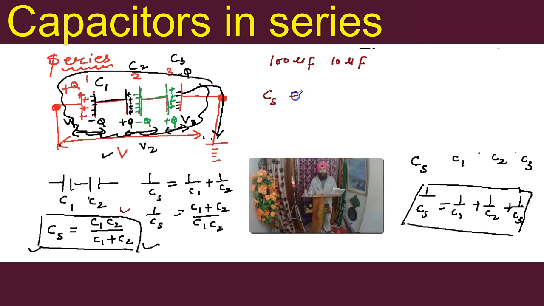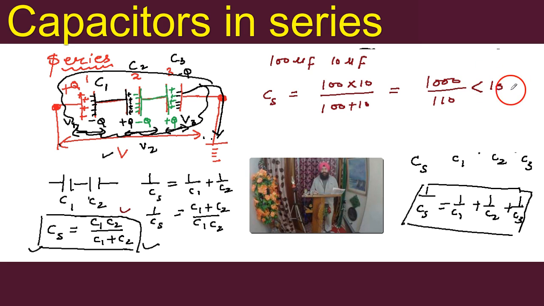Then CS becomes 100 into 10 upon 100 plus 10, that is 1000 upon 110. So what about the result? This ratio will be less than 10. The answer will be less than 10 microfarad.